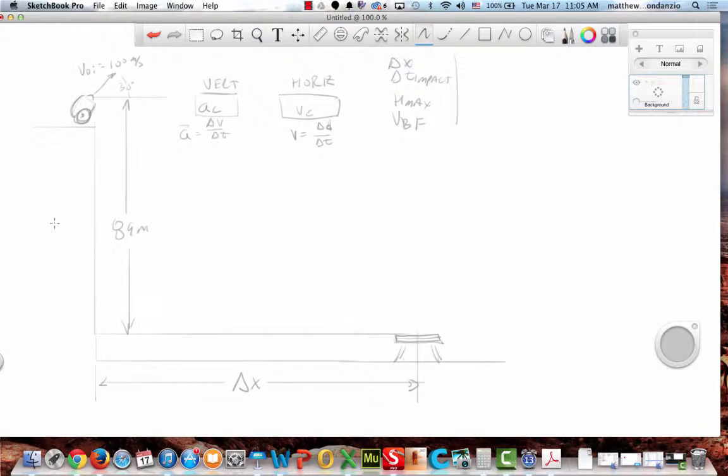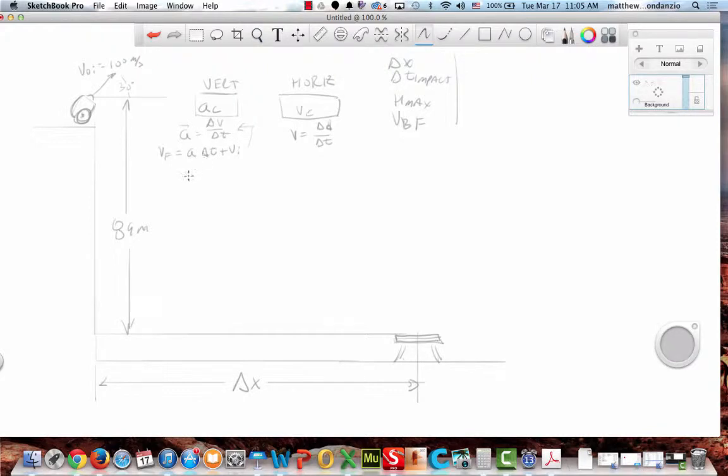Because that's what Sam said, velocity final equals A times delta T plus V initial, right? Well, that's the same thing as this. Does everyone see where that came from? Yes. Because the delta V is V final minus V initial, right? We're good?